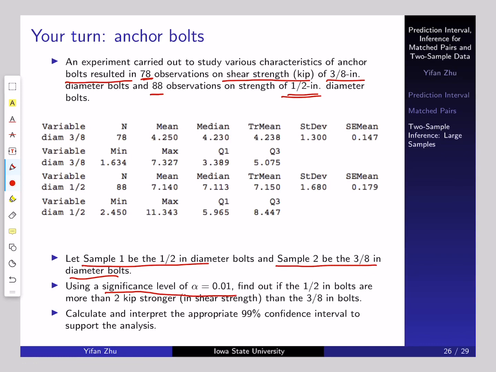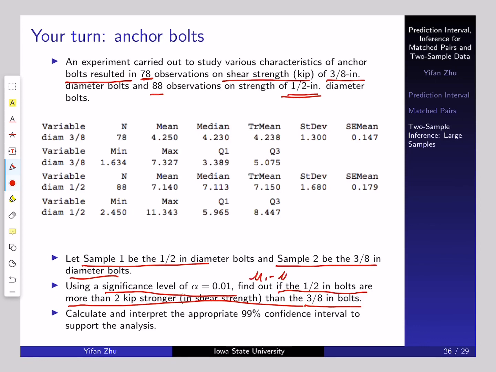Significance level alpha is set to be 0.01. Of course, if we use a p-value, this is optional. And we will need to find out if the 1/2 inch bolts are more than 2 kip stronger in shear strength than 3/8 inch bolts.